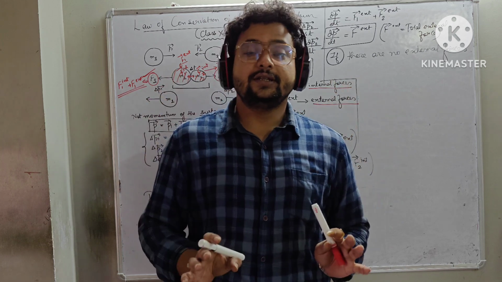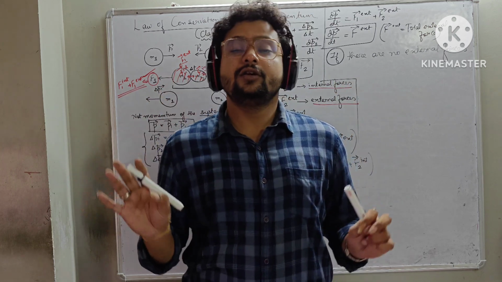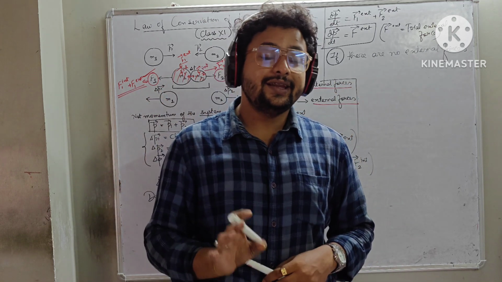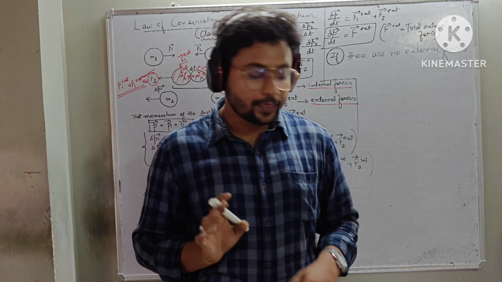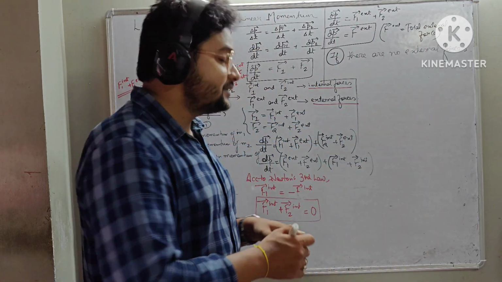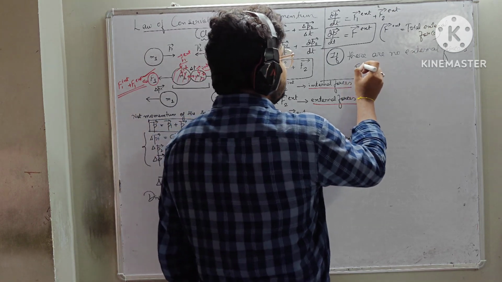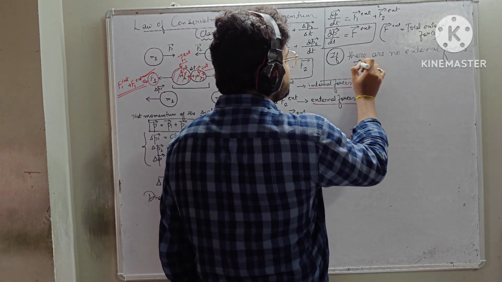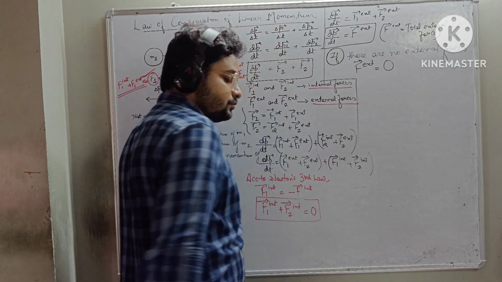I have not given any force on either of the bodies. In that case, I can write that if there are no external forces, then F external will be 0.